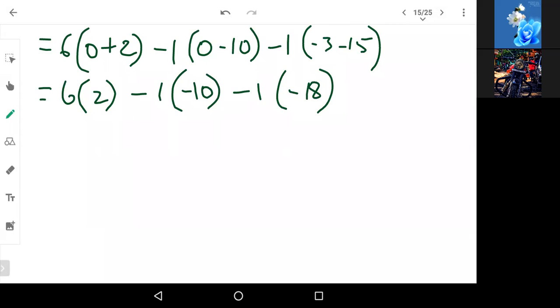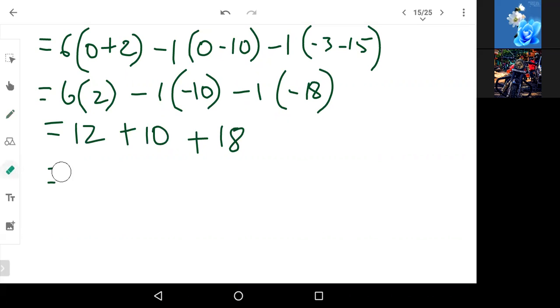Delta x is 40, not x is equal to 40. There is a difference between x and delta x. Okay. So that is delta x is equal to 40. So 6 2s are 12 plus 10 plus 18.